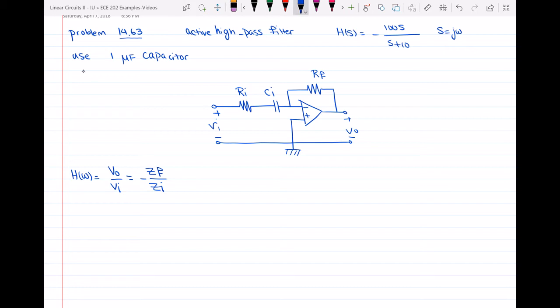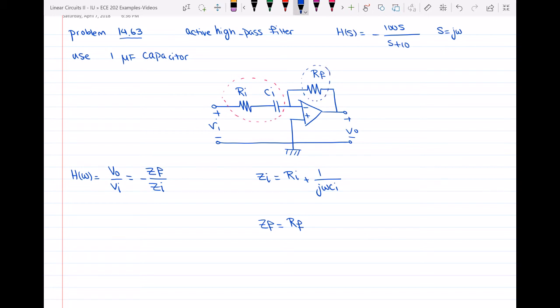ZI, the input impedance, is the series equivalent of these two elements, so we're going to have RI plus 1 over j omega CI. Don't forget that we're talking about the impedance; that's why I put 1 over j omega CI here. And then my output impedance, ZF, is equal to only RF, the only element that I have here.